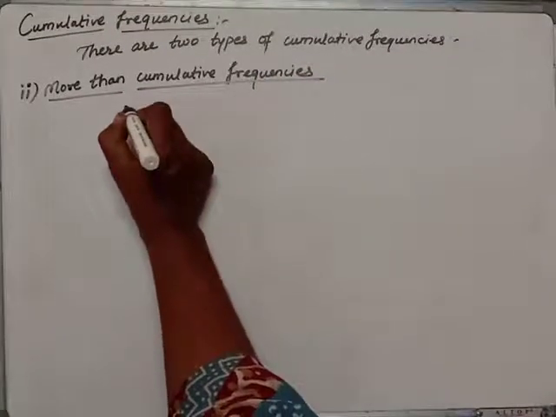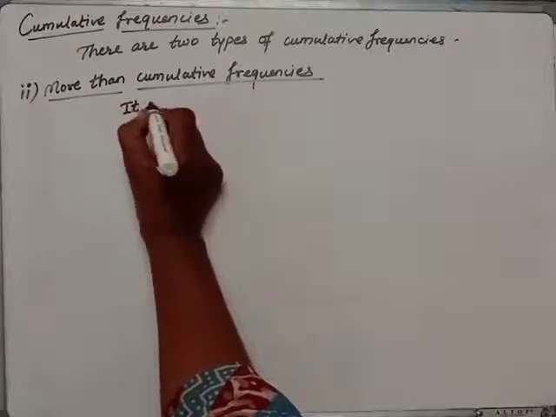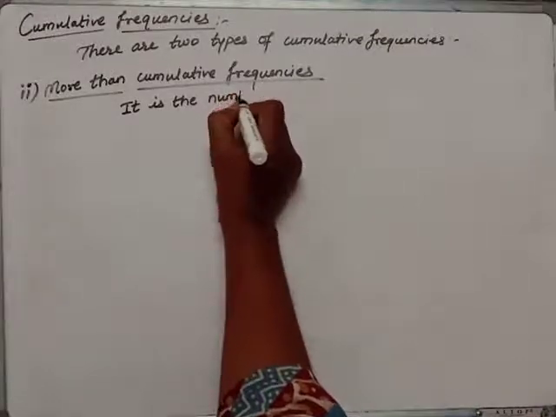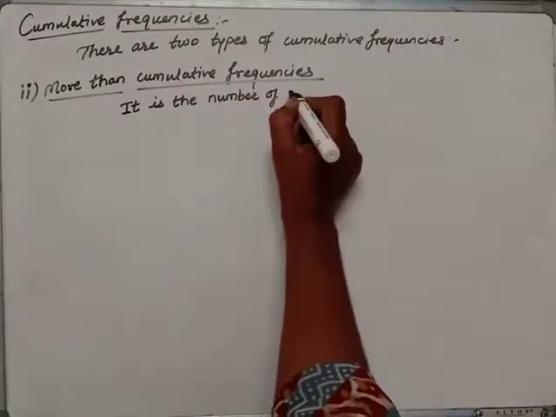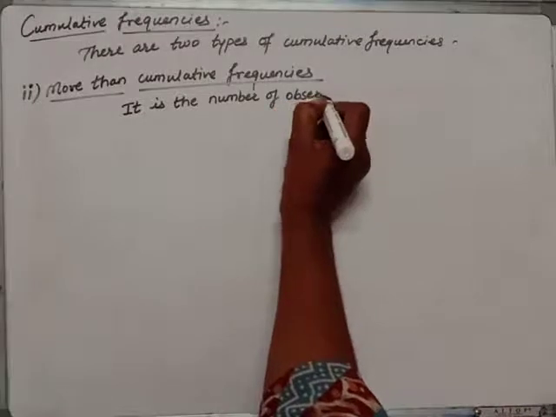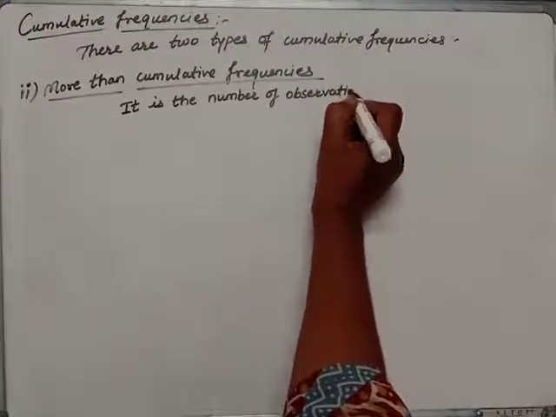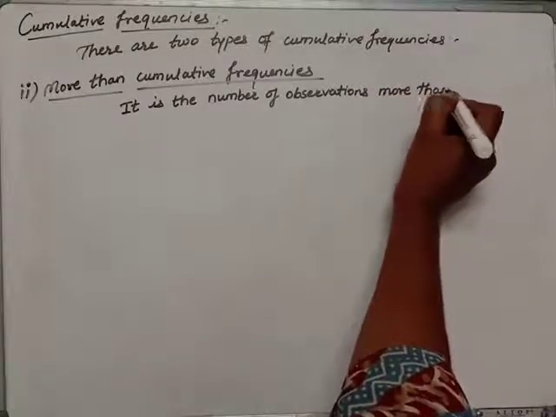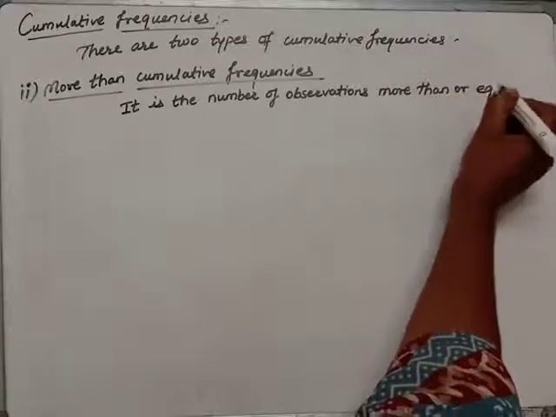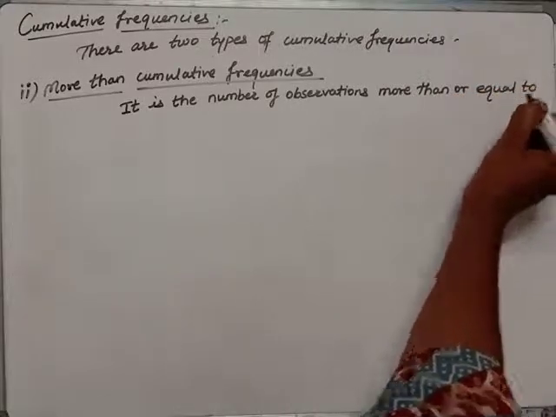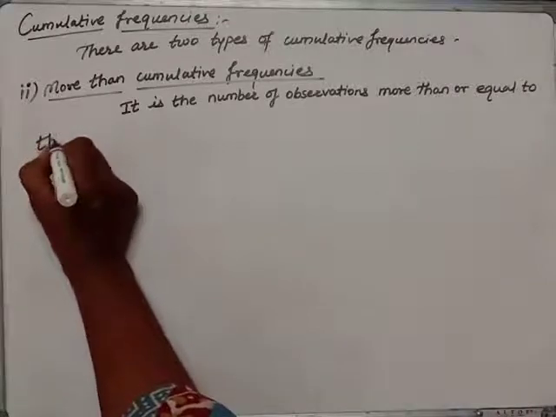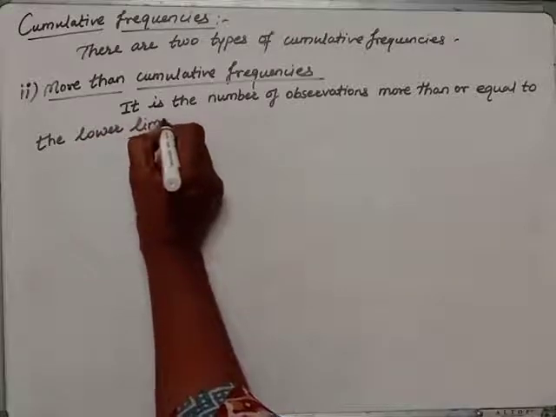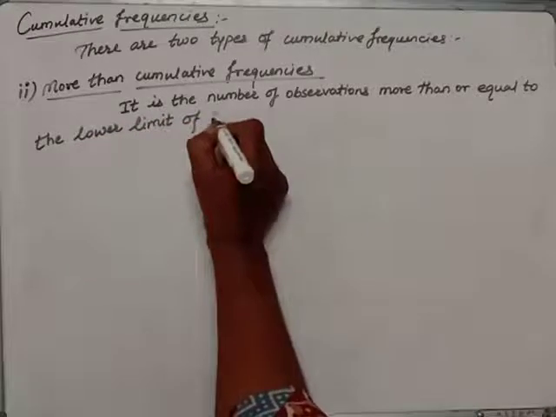It is the number of observations more than or equal to the lower limit of the corresponding class.